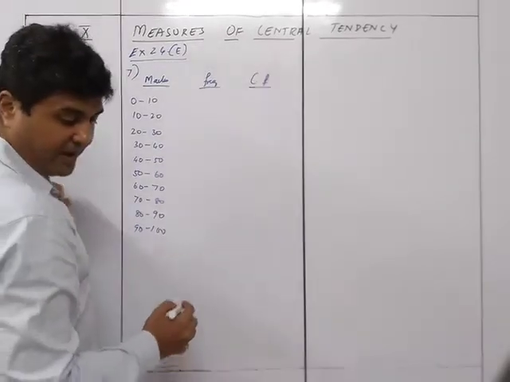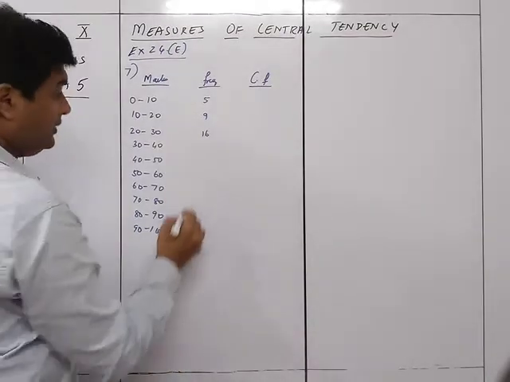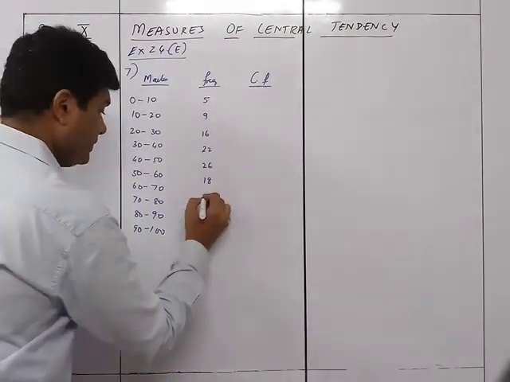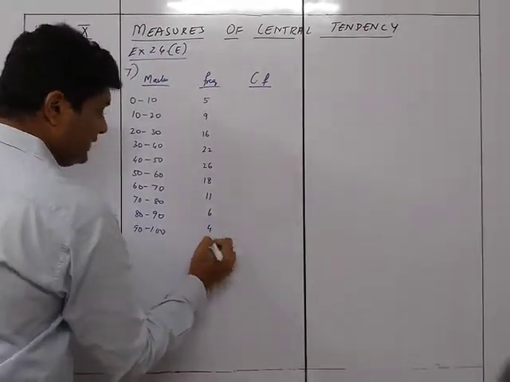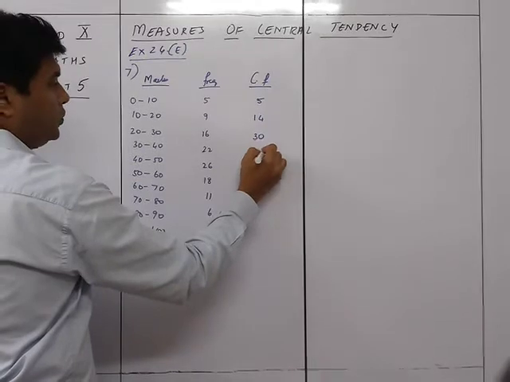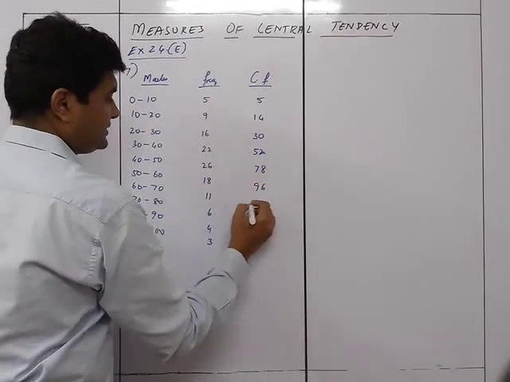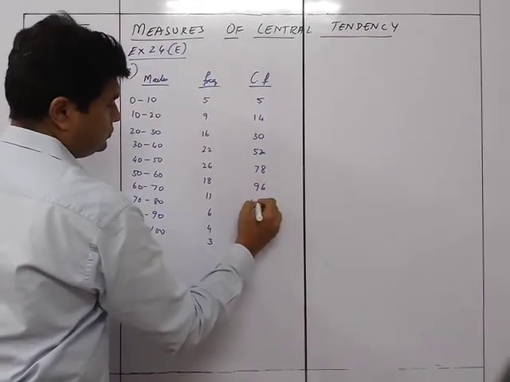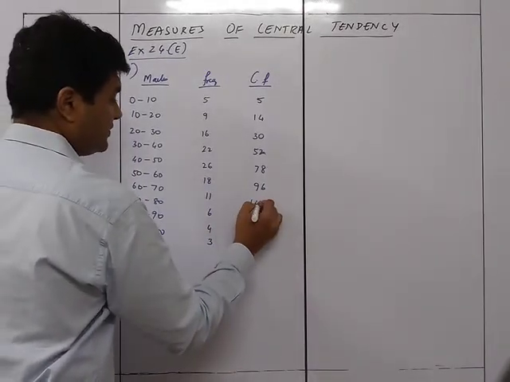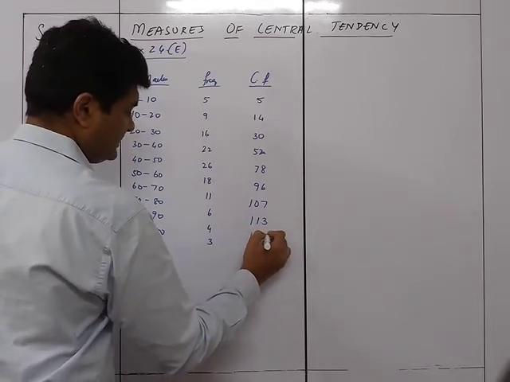The frequencies are 5, 9, 16, 22, 26, 18, 11, 6, 4, 3. So the cumulative frequency will be 5, 14, 30, 52, 78, 96, 107, 113, 117, 120.